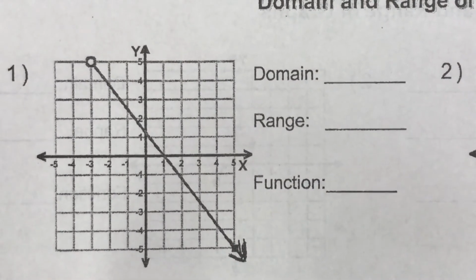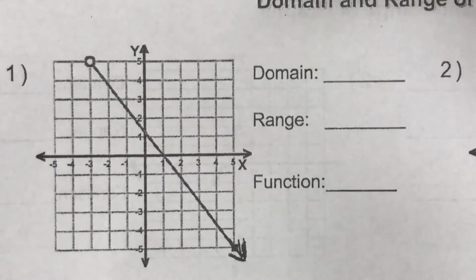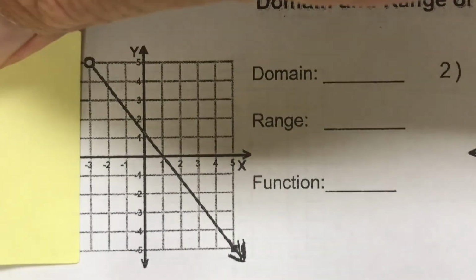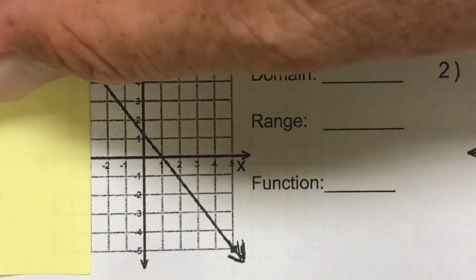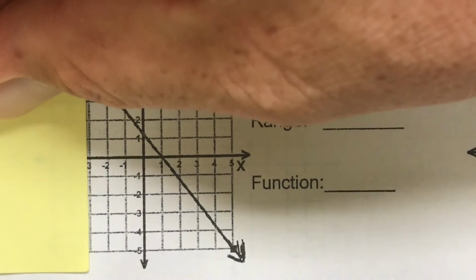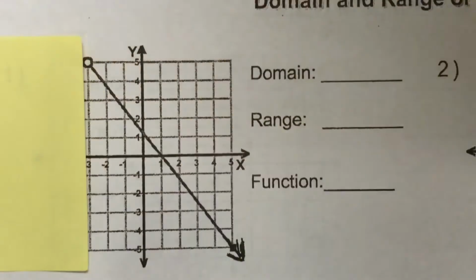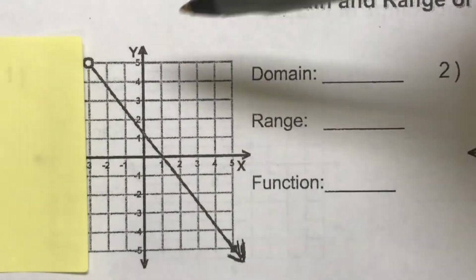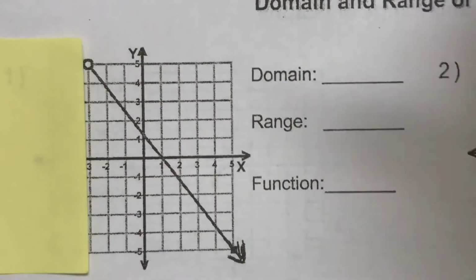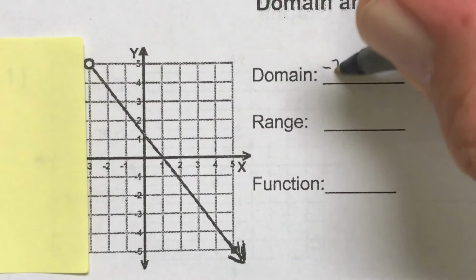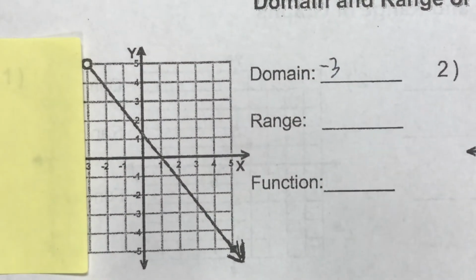So again, with my domain, I'm going to start at the left, keep moving my paper until I reach the leftmost point of the graph, put it down there, and you can see that this leftmost point touches where x is -3. So I'm going to write -3 for my smallest x number.